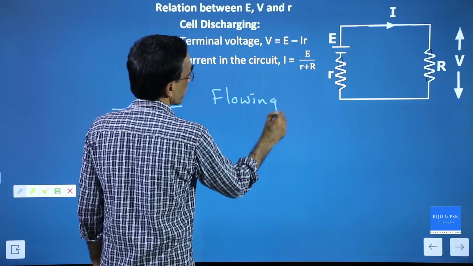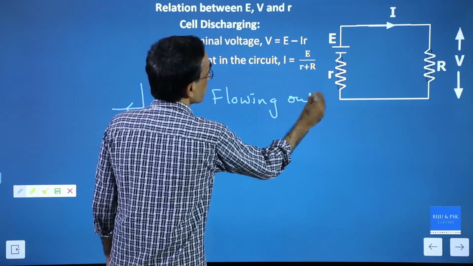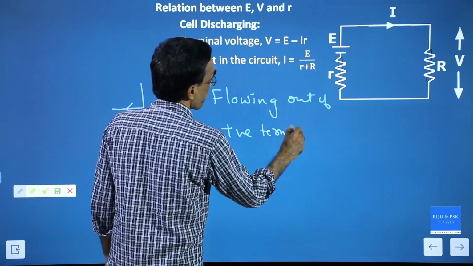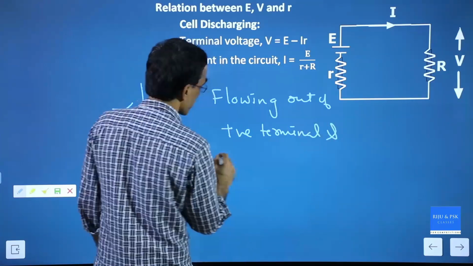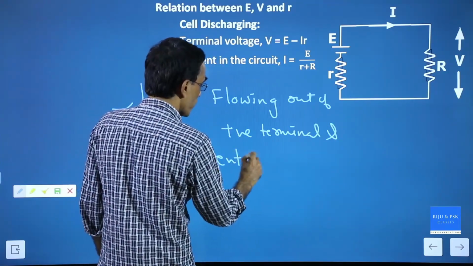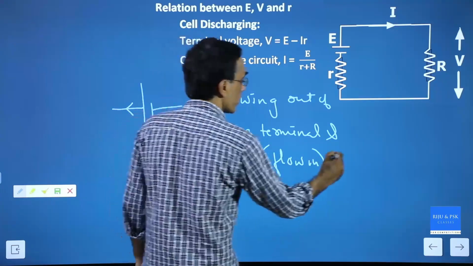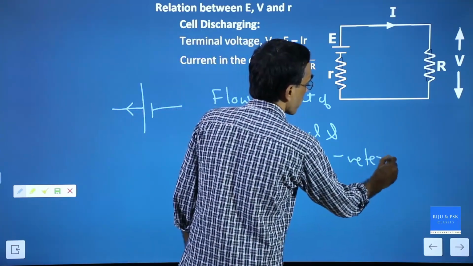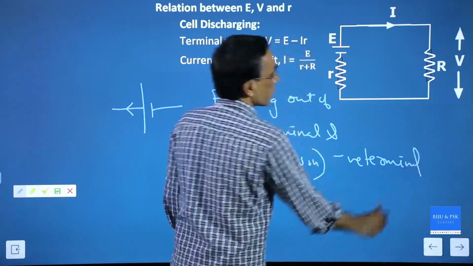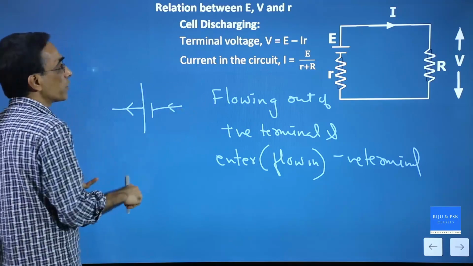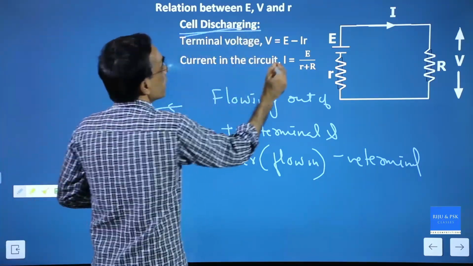That's an important point. When the current is flowing out of the positive terminal and enters the negative terminal, the cell is discharging.